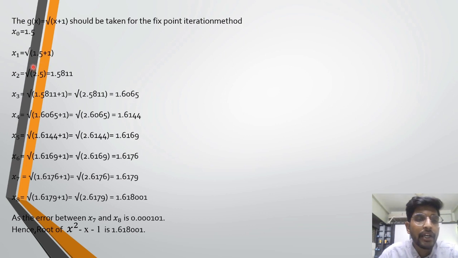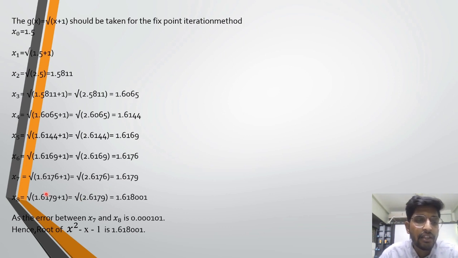Similarly, we calculate the values of x2, x3, x4. x2 would be under root x1 plus 1, and x3 would be under root x2 plus 1, that is 1.5811 plus 1, which is under root 2.5811, giving us the value 1.6065. Similarly, we calculate x4, x5, x6 till we get the previous value and the current value the same.